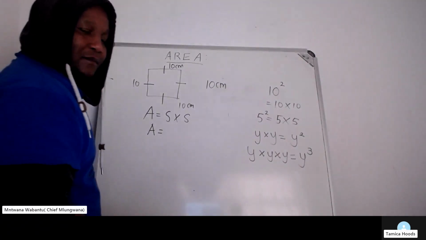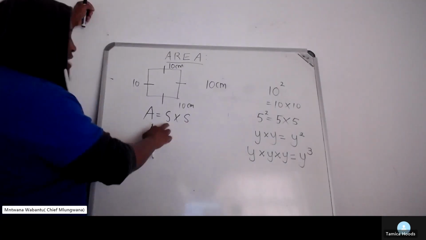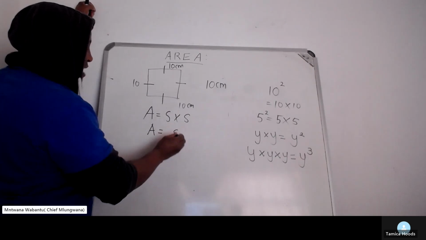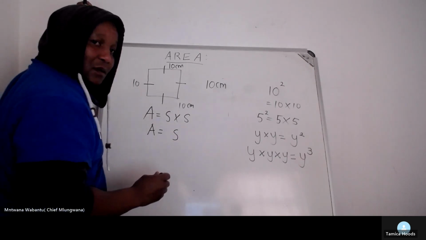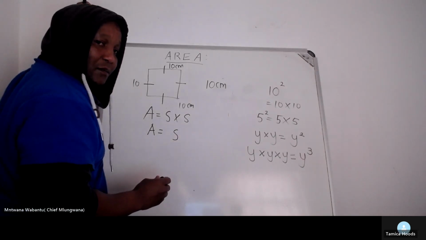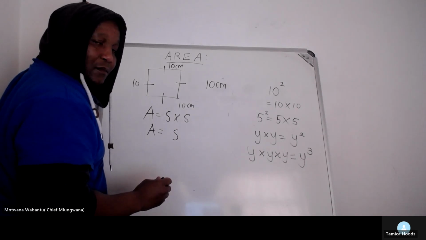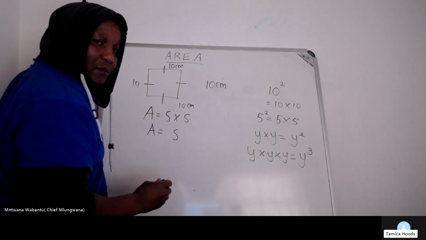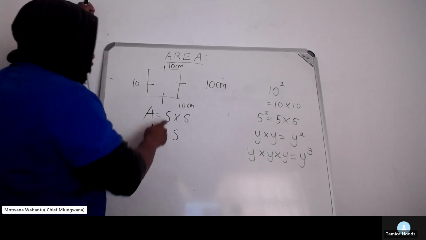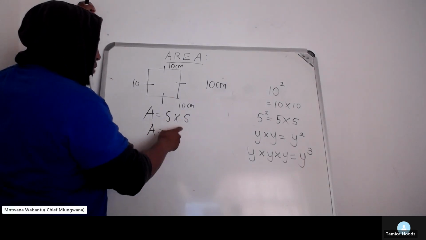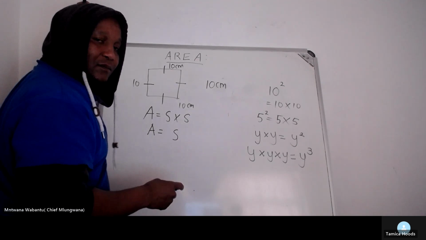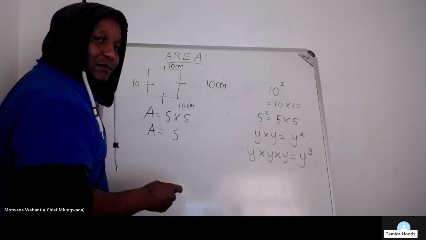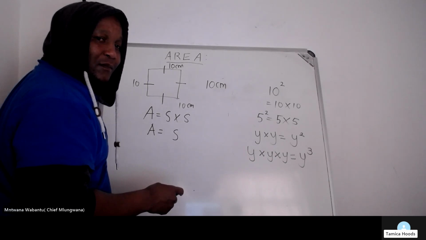Okay? Yes. So if I say side times side, what does that mean? This is going to be side to the power of which number? For side times side, do we use all the sides or only two sides?